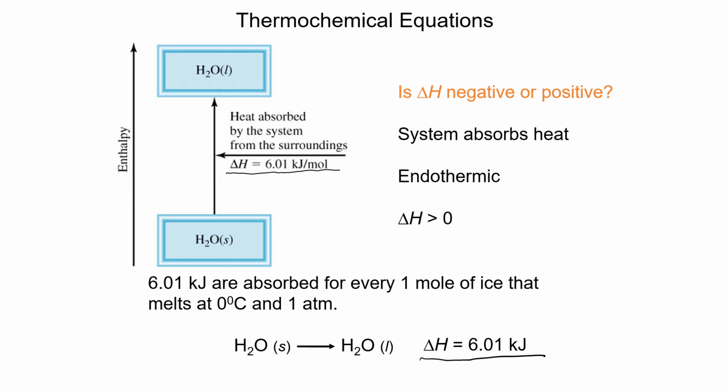So once again, that system absorbs heat, therefore it's endothermic, and delta H is positive. So endothermic equations, whether they're representing a phase change or a chemical reaction, have a positive delta H associated with them.